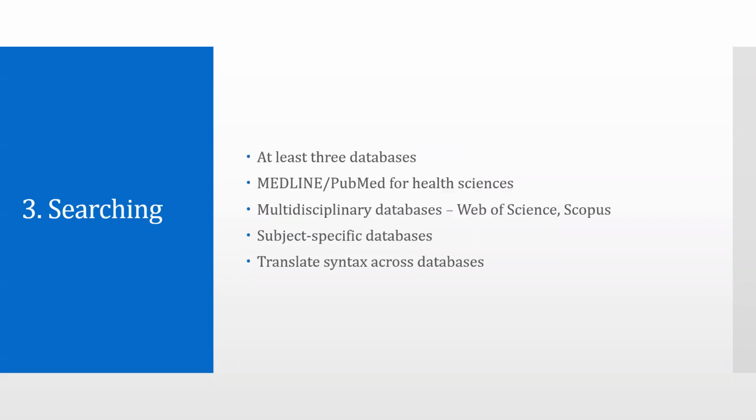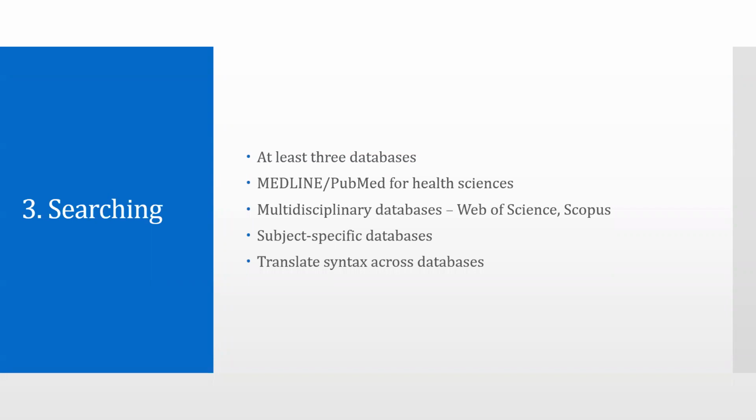So you'll want to look in at least 3 databases as typically best practice. So if you're in medicine, of course, you'll search Medline on PubMed or some other interface. You'll probably also want to include a multidisciplinary database like Web of Science or Scopus. We have both of those through the library.